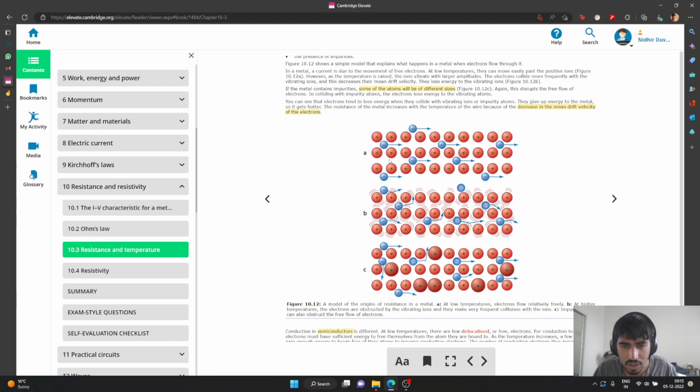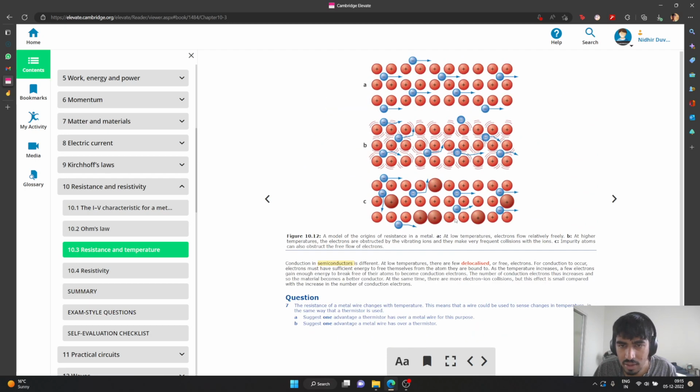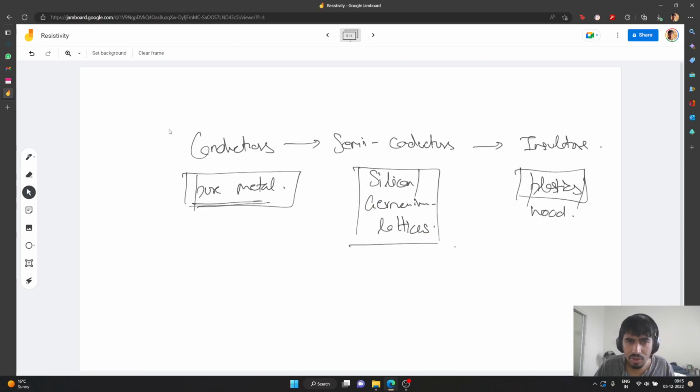Your book actually talks about this really nicely. If there are bigger atoms right here, then the electrons also struggle to go through them. So if there is any resistance, it acts more like a resistor, so its resistance will be higher. So higher temperature and more impurities are a problem. Okay, so this is about this end of the spectrum.